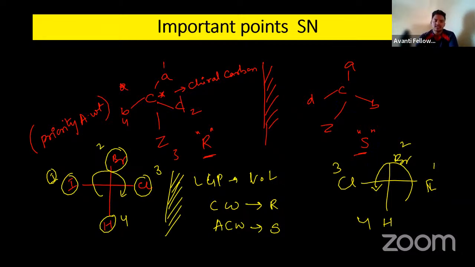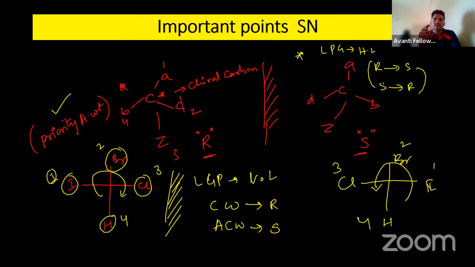I hope you understand this one. So R and S configurations are very easy to determine. First, assign the priority by atomic weight, and after that just check whether it is a clockwise rotation. If it is clockwise, then it will be R, anti-clockwise S. But another very, very important point: if the lowest priority group is on the horizontal line, R will become S and S will become R. Just remember this.